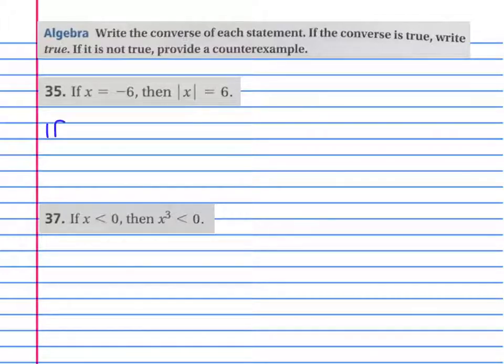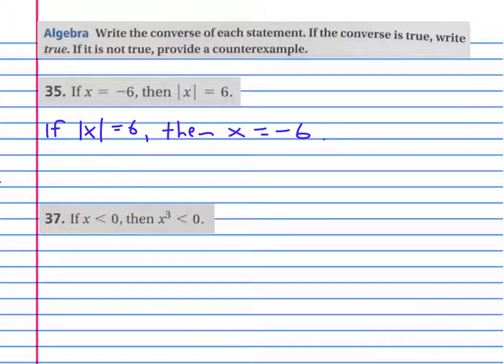So we would say, if the conclusion of the original, then the hypothesis of the original. Okay? And you're basically saying if the absolute value of x is 6, then x is equal to -6.